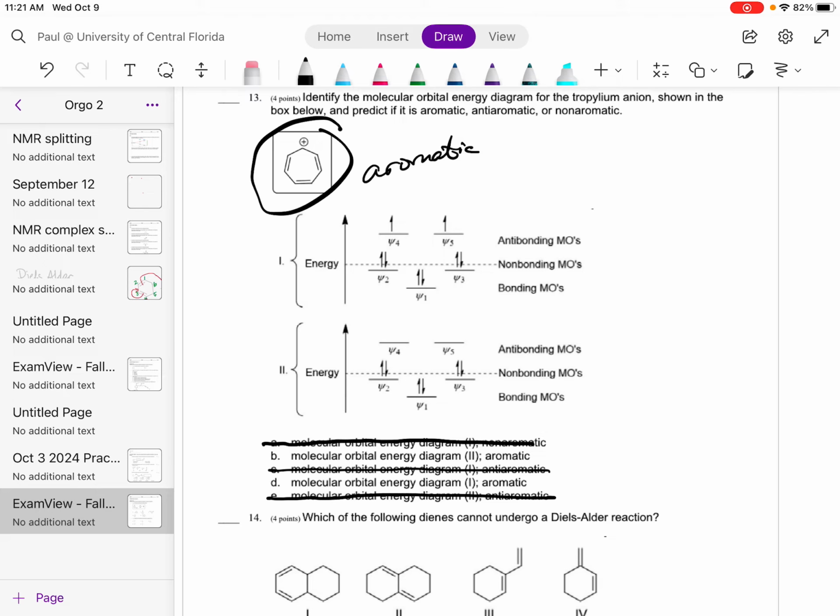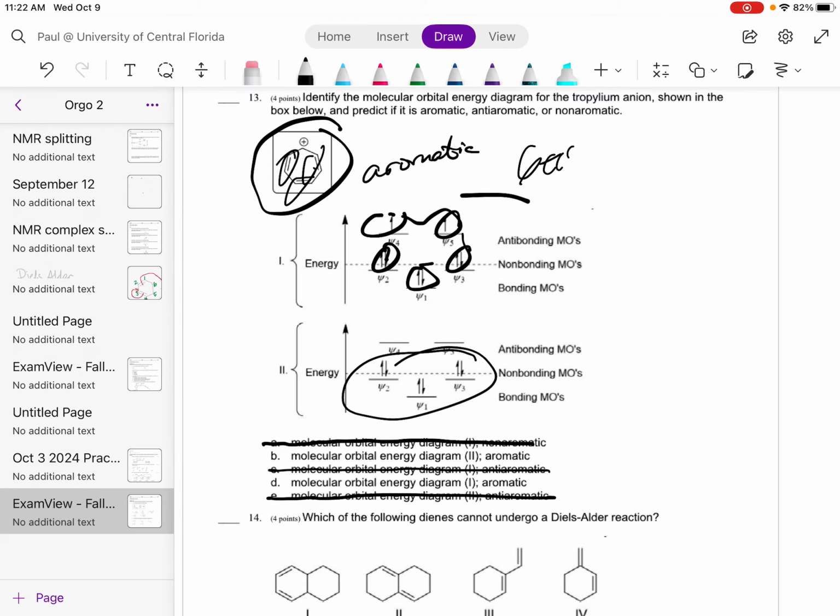Okay, so when we take a look at the energy diagrams, how many pi electrons are there? When we look at it, there's 6 pi electrons. And when we look at this number 1 energy diagram right here, how many electrons are we showing there? 2, 4, 6, 8. We only need 6. There's only 6 right there. So energy diagram 2 is the correct answer.